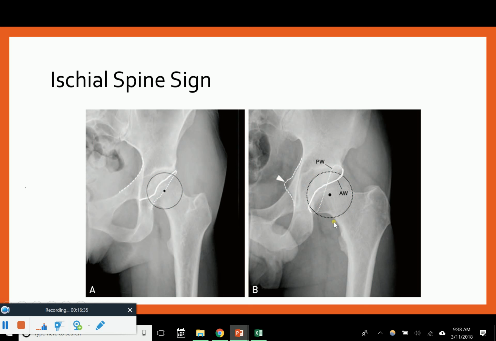This is looking at almost everything that we've gone over. The circle is looking at your alpha angle, as we mentioned before. Here is the anterior rim. Here's the posterior rim. And you can see this crossover sign here, this bony overlay, and they have an ischial spine sign. So this might indicate that this person is dealing with impingement.